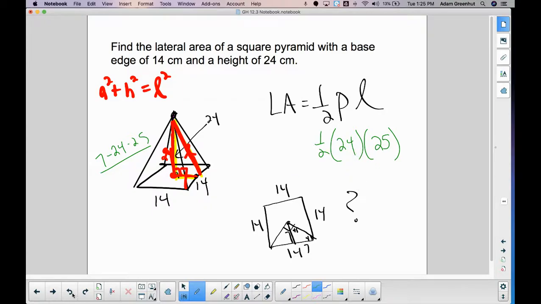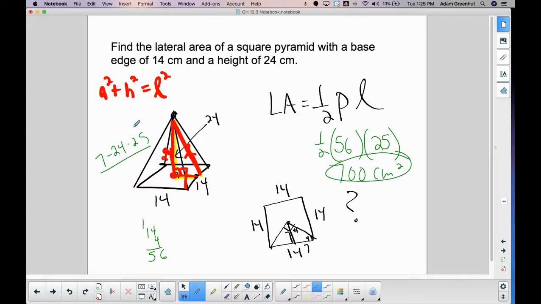I'm sorry, I'm doing half perimeter slant height, so I need the perimeter, which is 14 times 4, or 56, and it's half times 56 times 25, and let's see, half of 56 is 28 times 25 is 700 square centimeters.